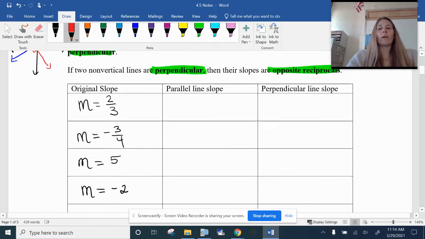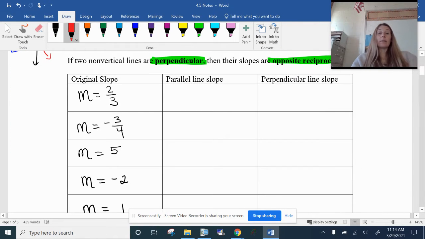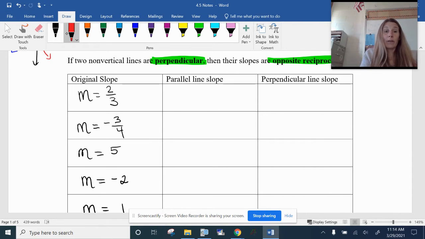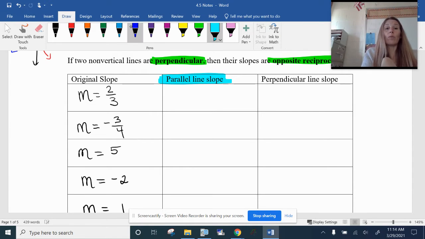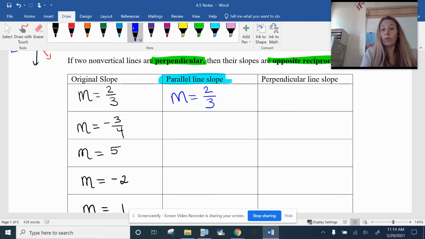So let's take a look at how to identify the slopes of parallel lines and perpendicular lines. If the original slope that you're given is 2/3, and you want to write the equation of the parallel line, what slope are you going to use? Well, parallel lines have the same slope, so you would also use positive 2/3 as your slope.